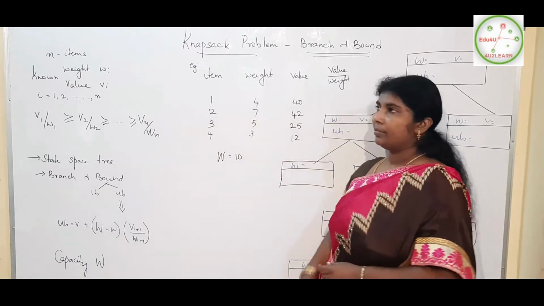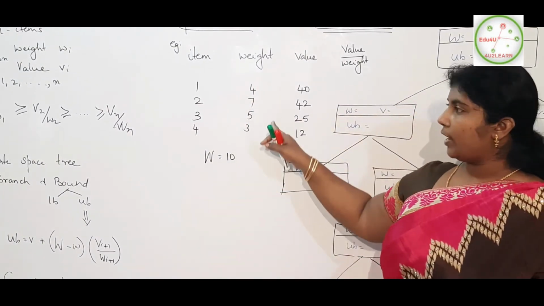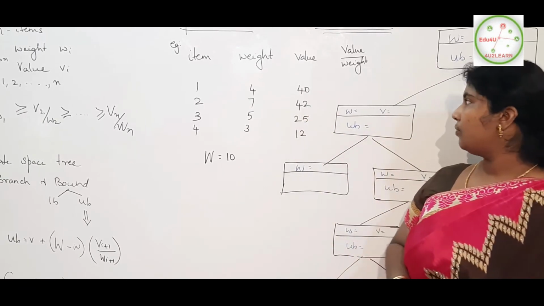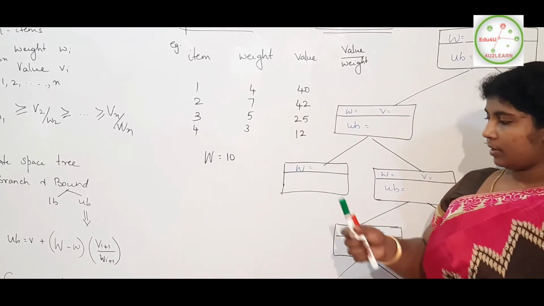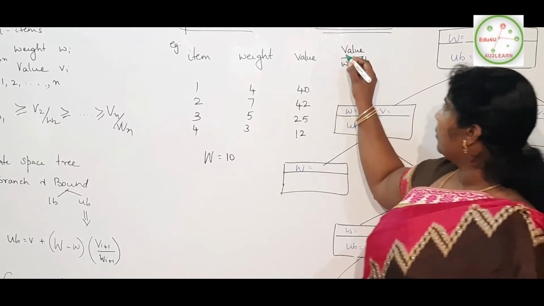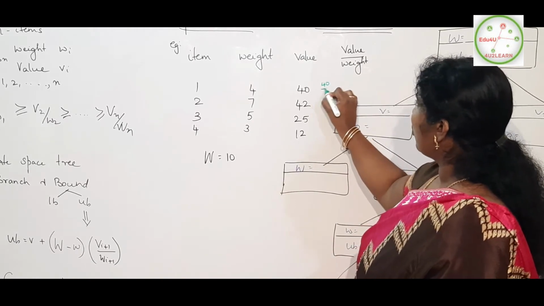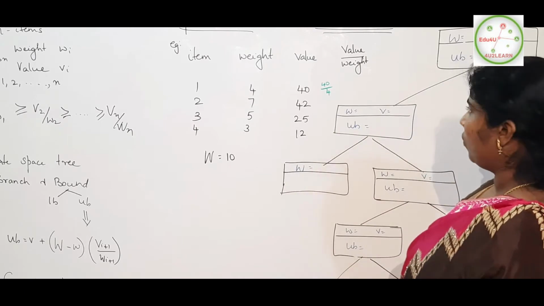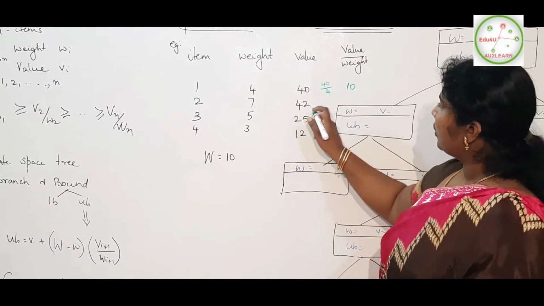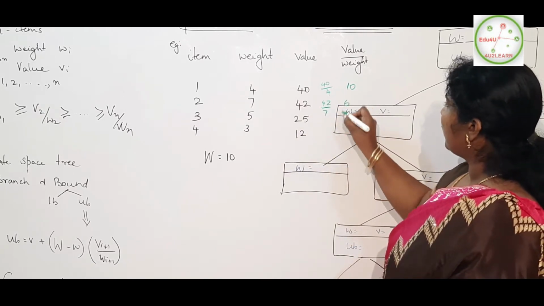So this is an example. Here we have 4 items, with a weight and a value indicated for each item. Now we have to calculate value by weight. The first value is 40 and weight is 4, so this is 10. Here it is 42 divided by 7, so it is 6.